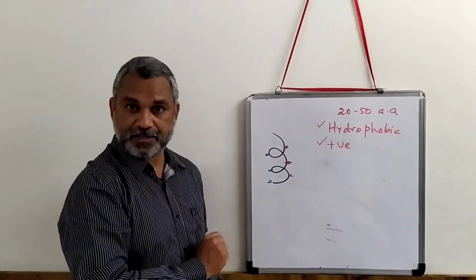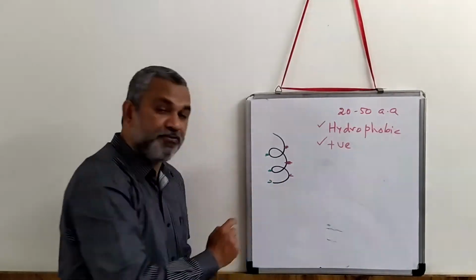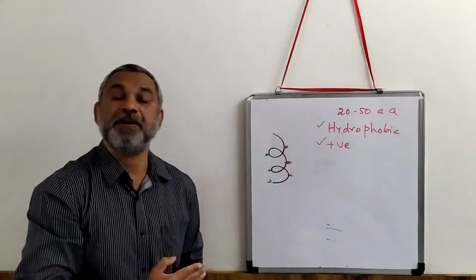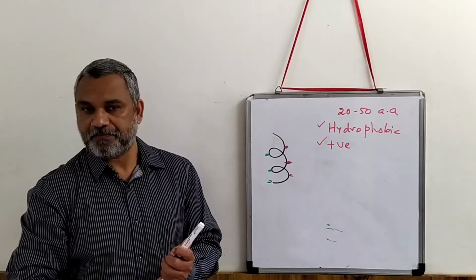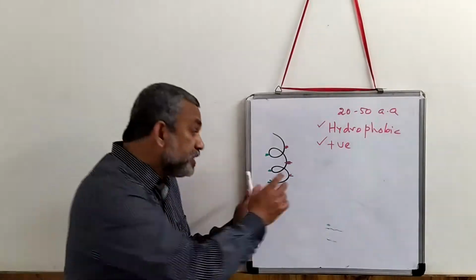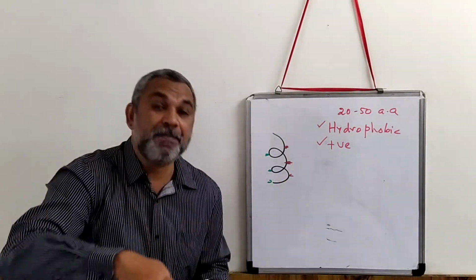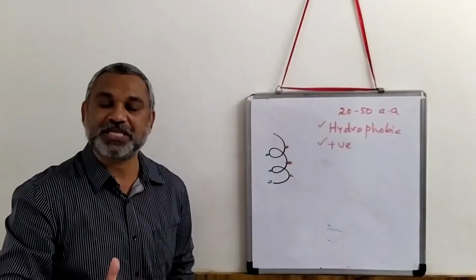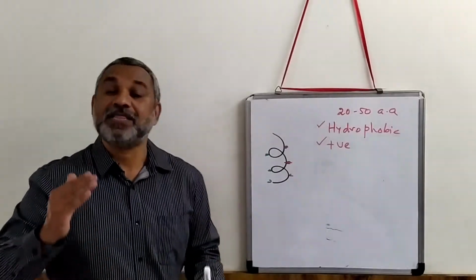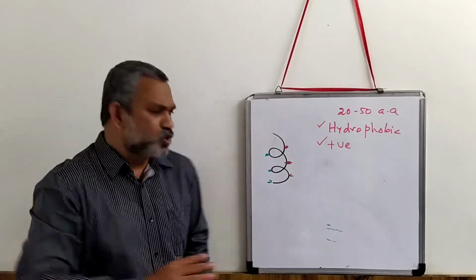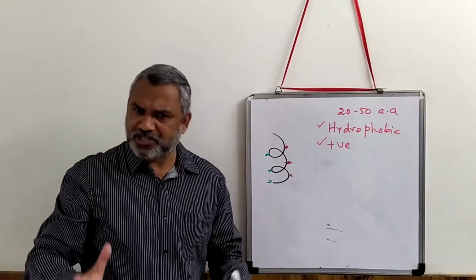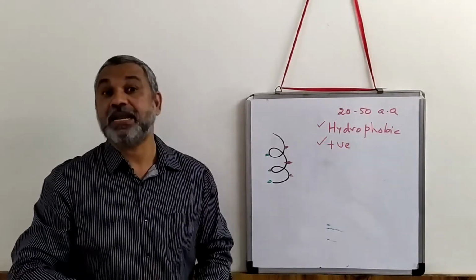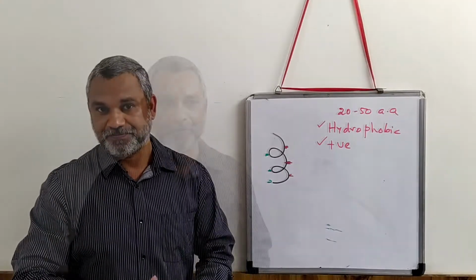This is significant, because one side becomes amphipathic. And this signal will bind to the receptor based on this hydrophobicity or based on the positive charge. So this is the general nature of the signal which they have identified.